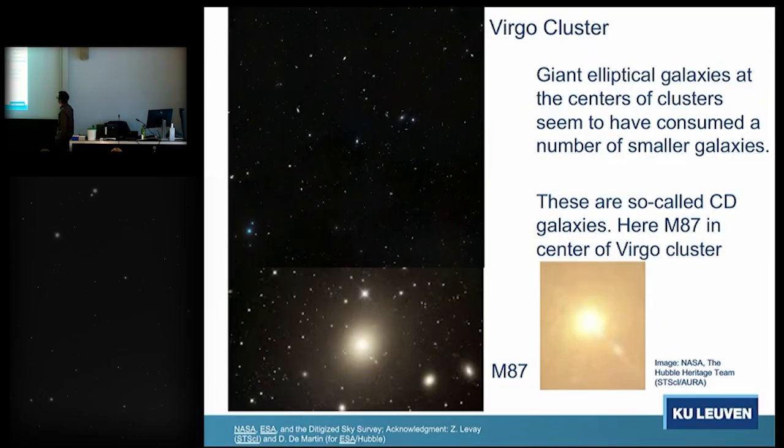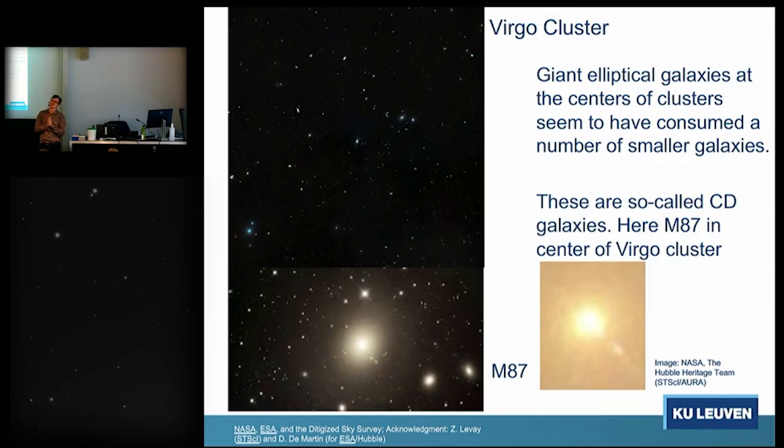Here is another of the giant elliptical galaxies called cD galaxies, and they are also called cannibal galaxies because they are believed to grow and grow and grow in size by eating their neighbors, essentially. And that's also why we find this type of giant ellipticals. That's the most massive galaxies we know of in the universe.